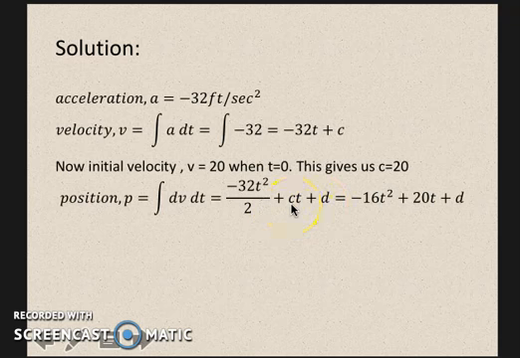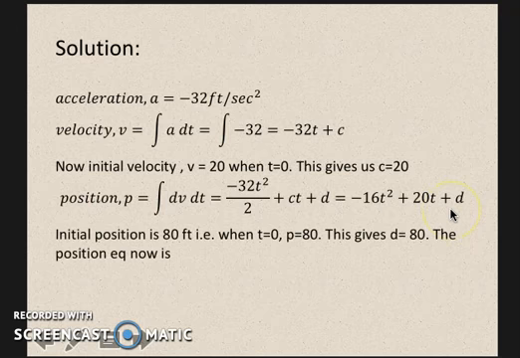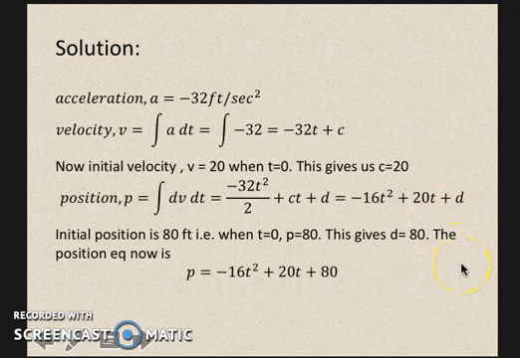Plug in the value of c, which is 20, and cancel this here, so negative 16t squared plus 20t plus d. Now this is the position. Again, initial position is given as 80 feet when t is 0. When you plug that in here, you get the position equation as negative 16t squared plus 20t plus 80.